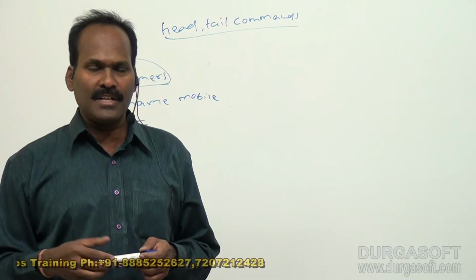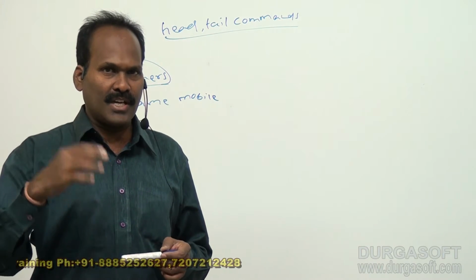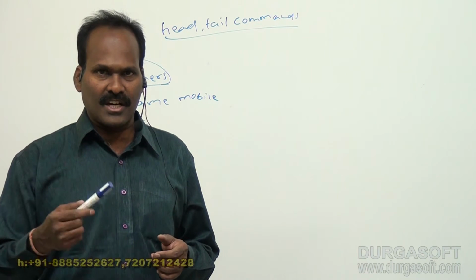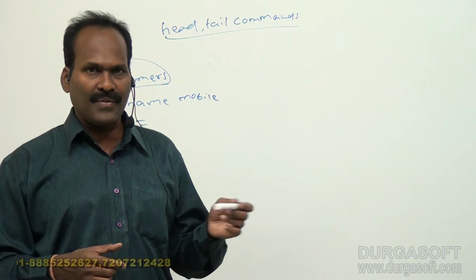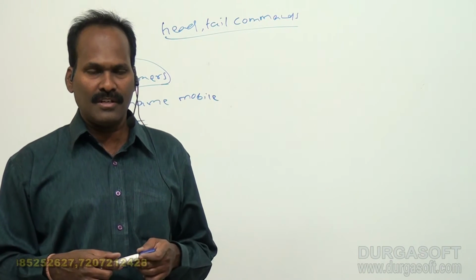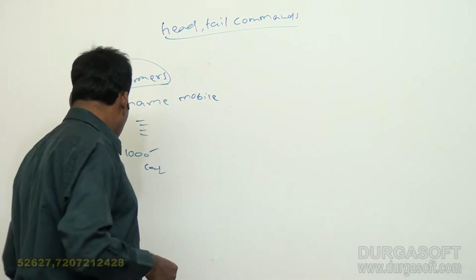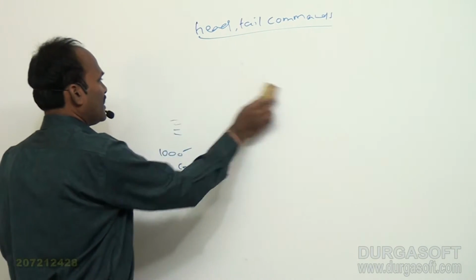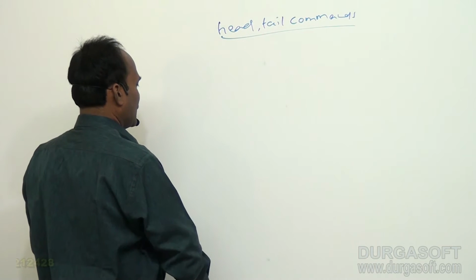The head command displays the first 10 lines of a file, and the tail command displays the last 10 lines of a file. The number of lines can be controlled by using some options. By default, head displays the beginning 10 lines.